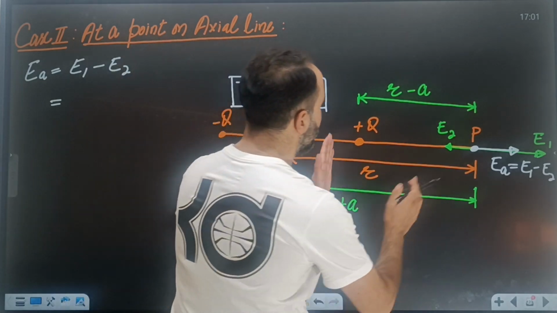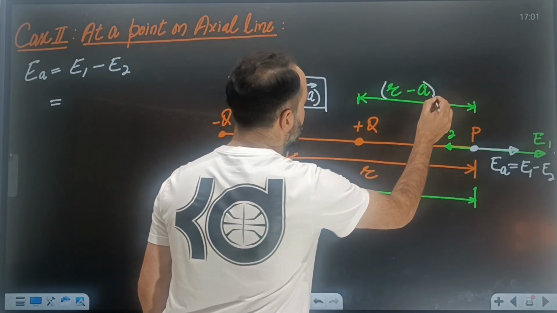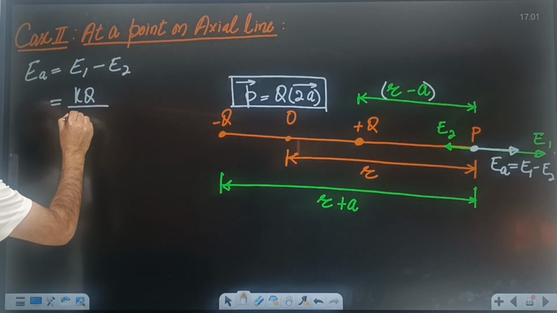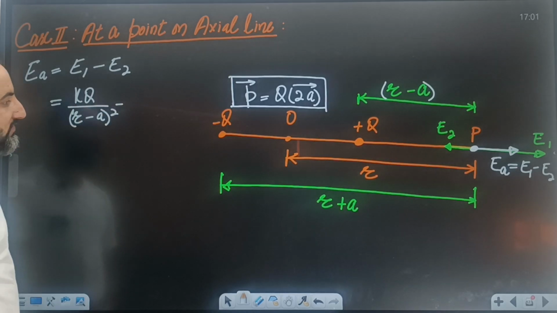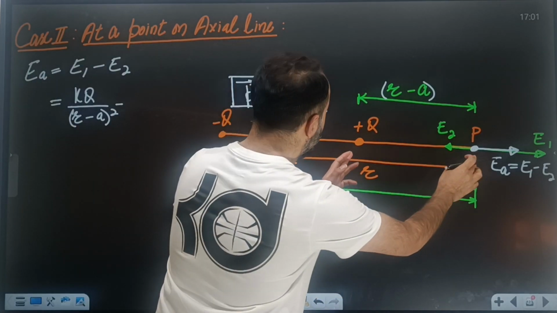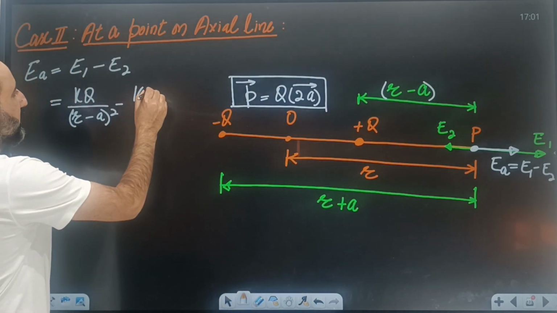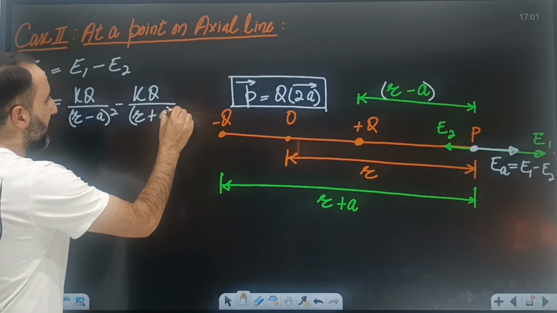आप मुझे पहले बताइए यहाँ से लेकर यहाँ तक ये distance कितना है? That is R minus A. ठीक. So E1 is simply equal to KQ divided by (R minus A) whole square. Minus the electric field at the point P because of this minus q, that is equal to kq divided by, what about distance? वहाँ पे (r plus a) whole square. ठीक है?